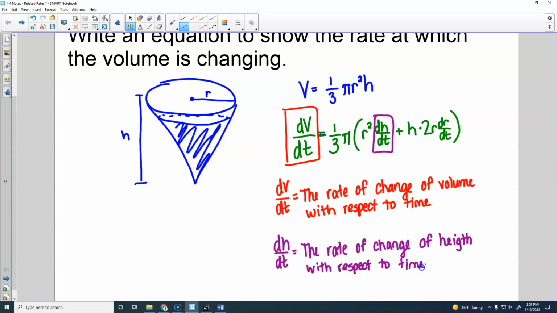And then the last one that we would care about here would be your dr/dt, which is the rate of change of the radius with respect to time.